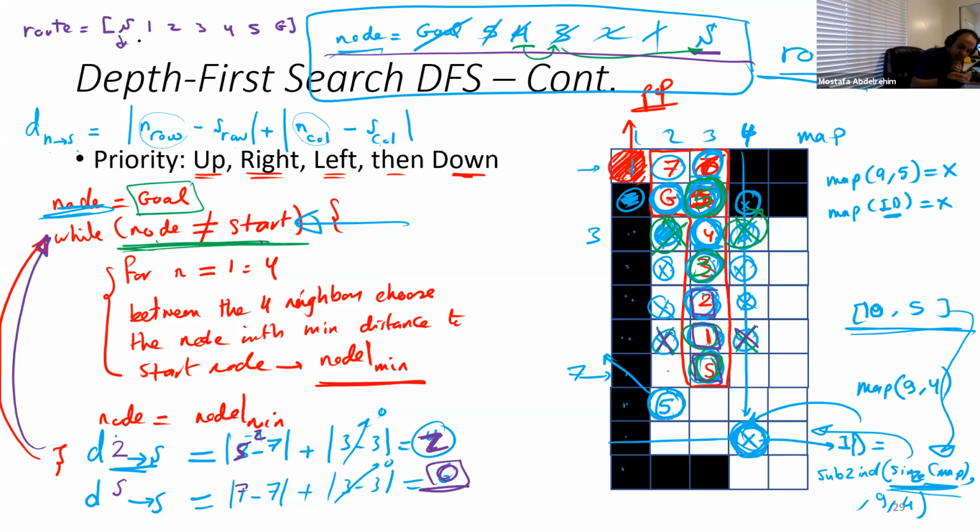So start will be ID 27, then 26, 25, 24, 23, 22, and this is 21, this is 11, and this is 12. Route should be something like this for this particular example: 27, 26, 25. And these are the IDs.